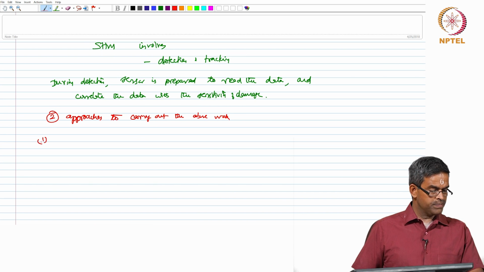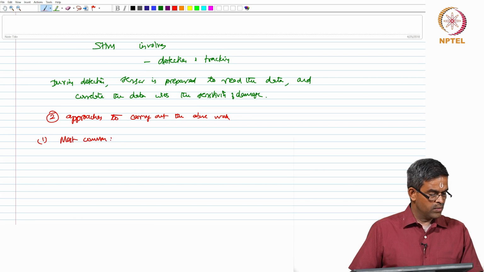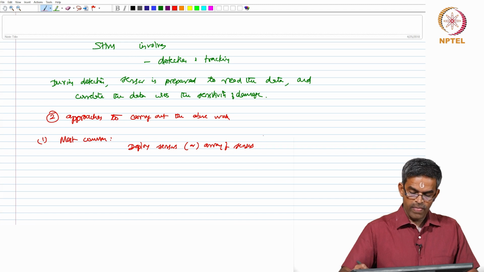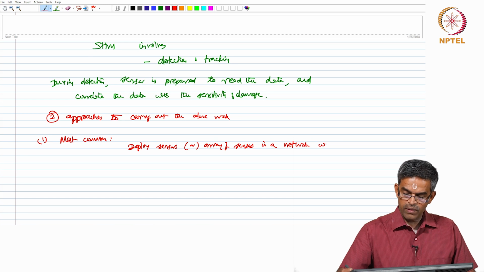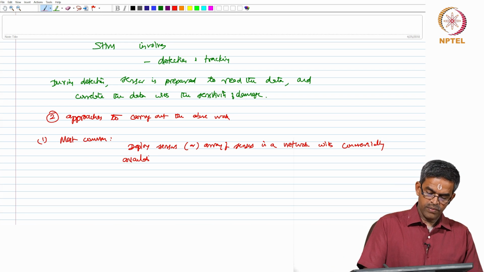The first approach, which is the most common as well, is to deploy a sensor or array of sensors in a network with commercially available components.